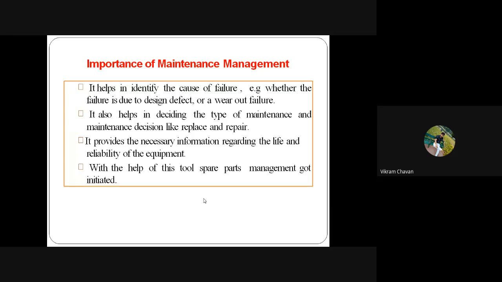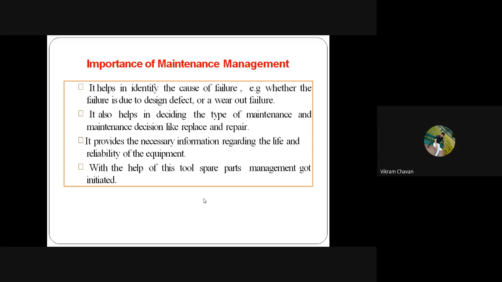If any tool or spares of a machine are required, then the management will initiate the procurement of such tools and spares which are required to perform the task. So these guidelines are included in the maintenance management policies.